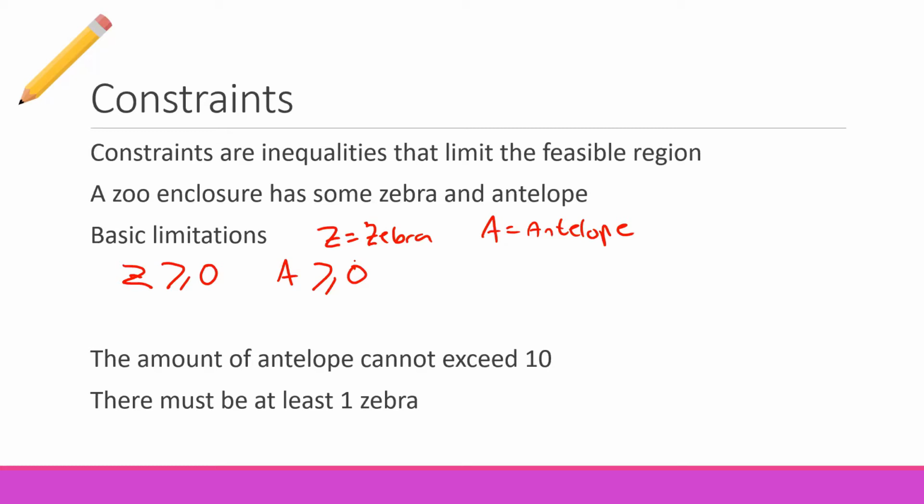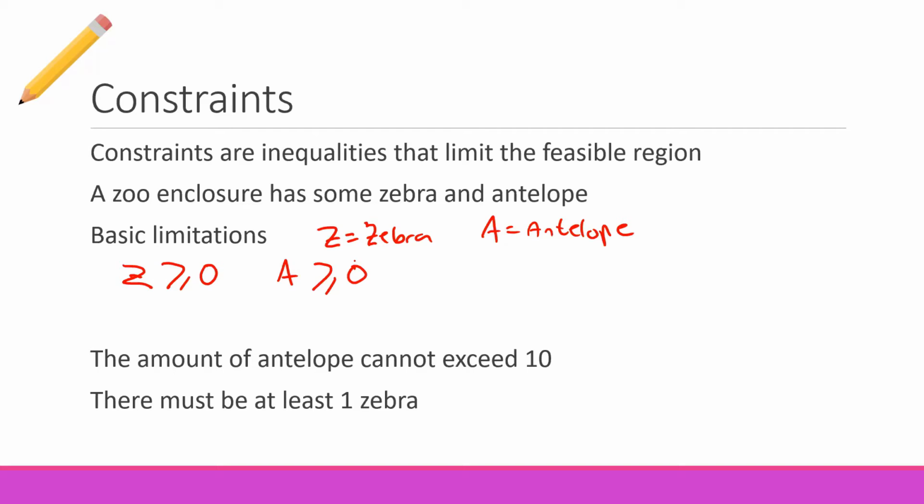If we were talking about sea level, you can go 1 meter below sea level, so you could have a negative there. But things like antelope, people, pepperoni slices, time, fuel, you can't have negative of those things. So this is usually an easy place to start. These are 2 constraints that fix our position.